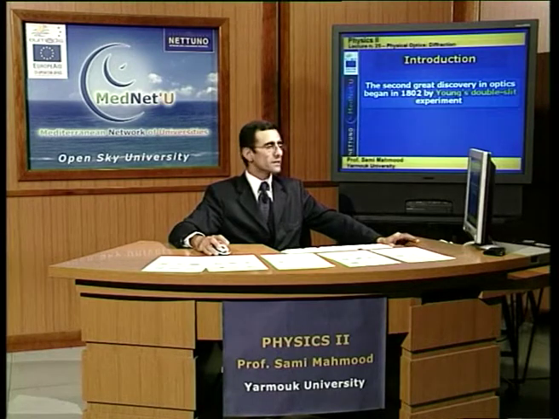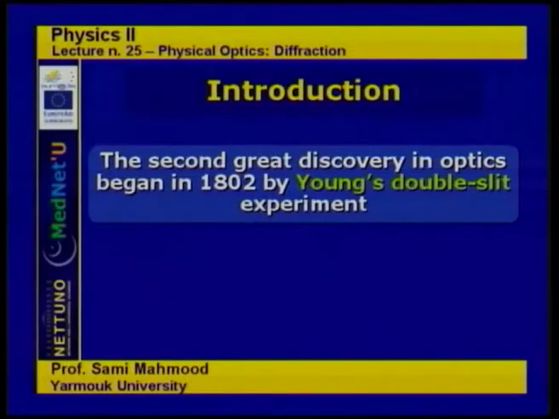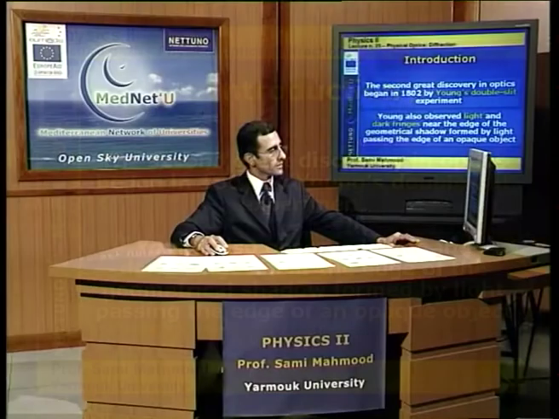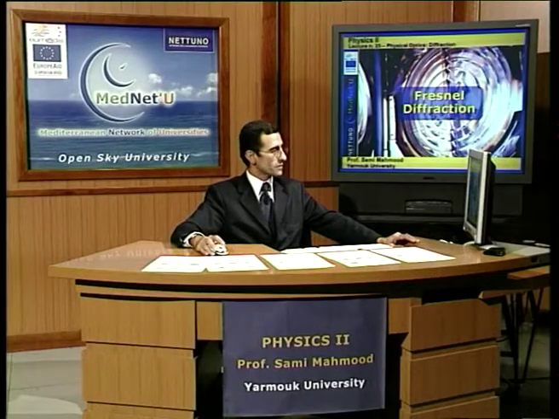The second great discovery in the history of optics began in 1802 with Young's double-slit experiment. In addition to interference of light in his double-slit experiment, Young also observed light and dark fringes near the edges of the geometrical shadow of light passing an opaque object.